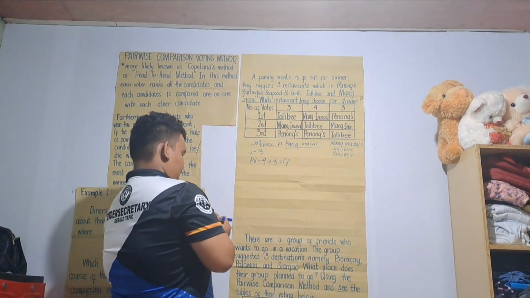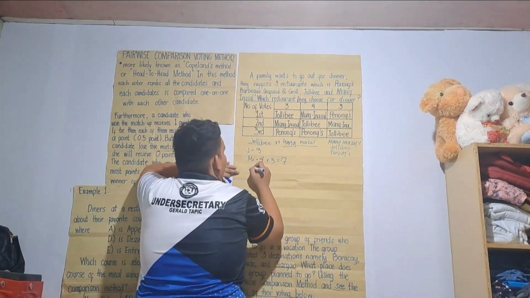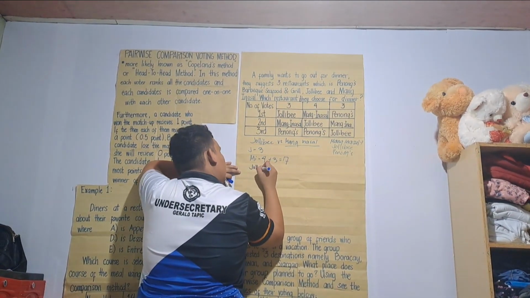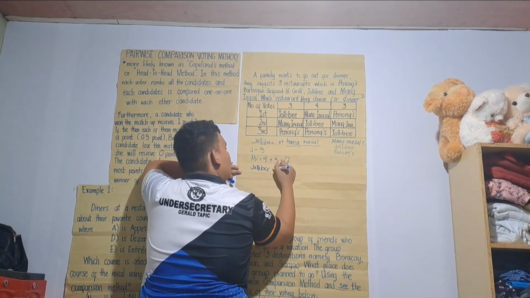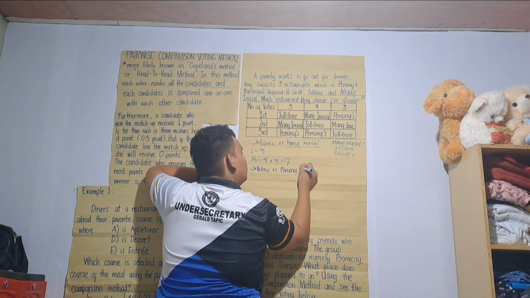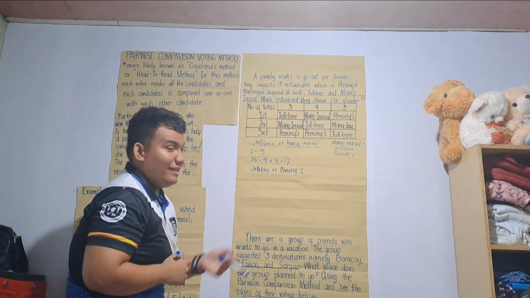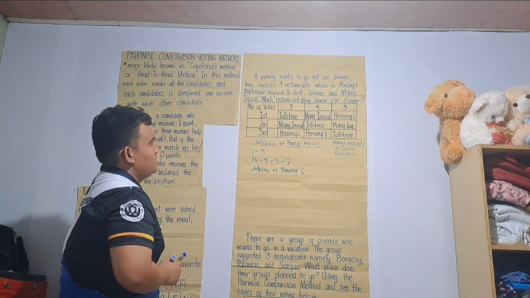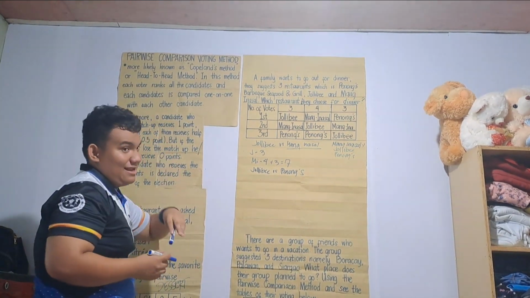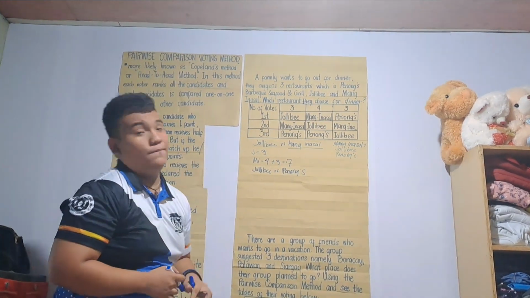So the second matchup is Jollibee versus Penong's. We will repeat the process: we need to find the most preferable in each column.